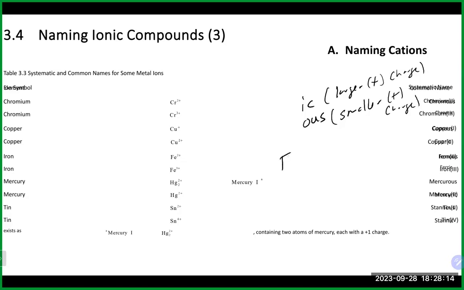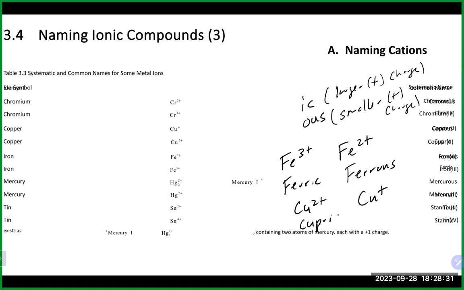So like iron 3 versus iron 2: iron 2 would be ferrous, and this would be ferric. Same thing if you had copper 2 and copper 1, that would be cupric and cuprous. And again, they use kind of the old school type names for those.